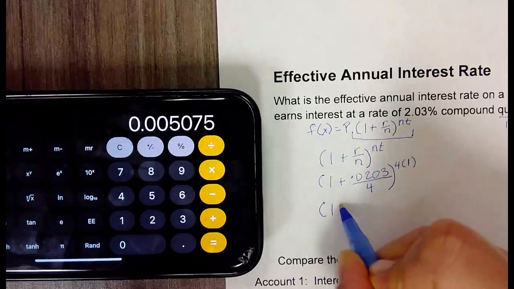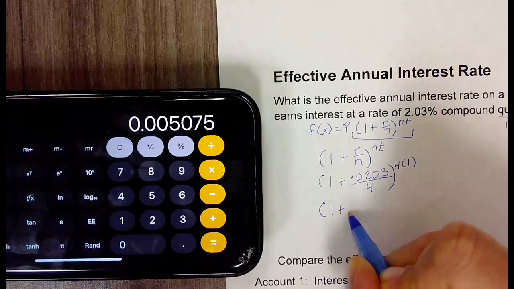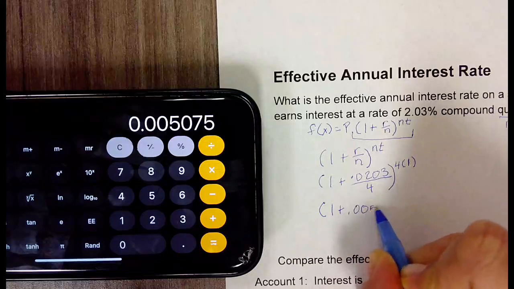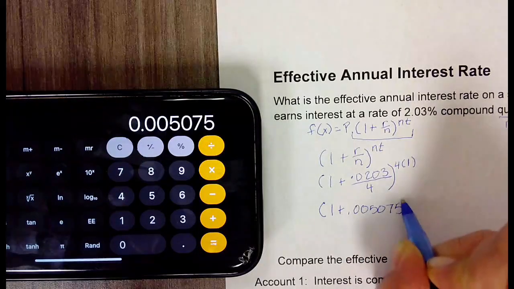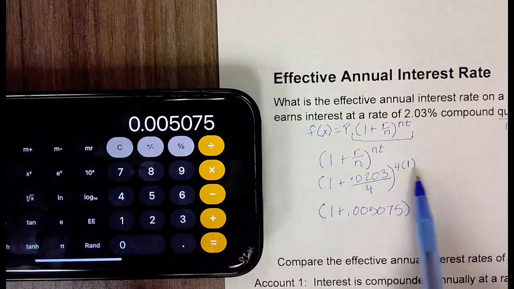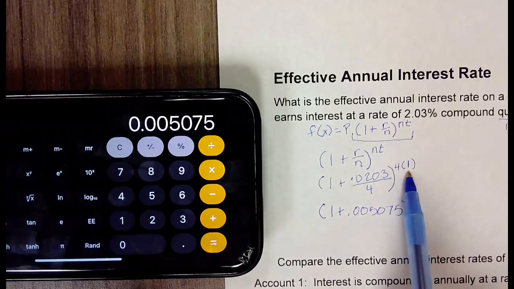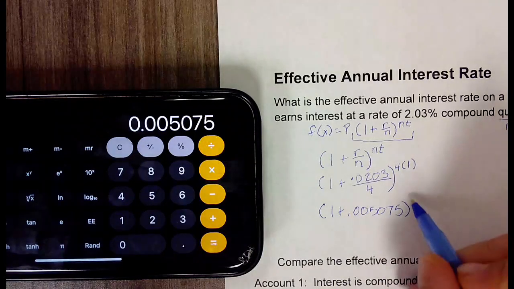We have 1 plus 0.005075 to the power of, and I'm also going to do this, 4 times 1 is going to be 4. Anything times 1 stays itself.